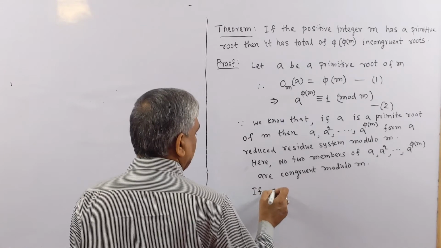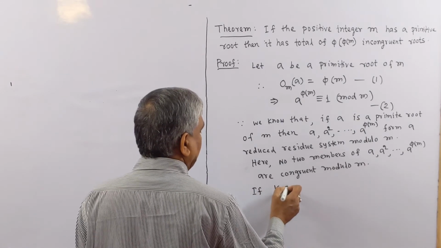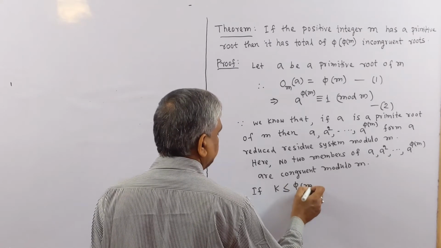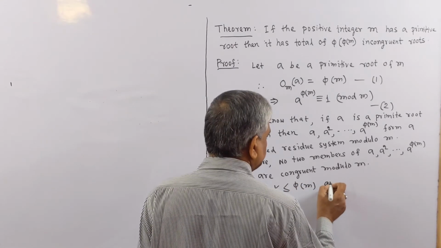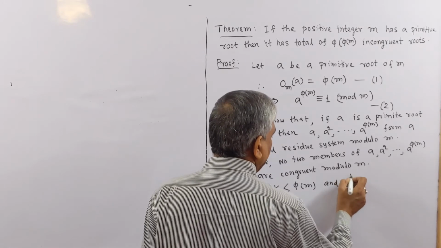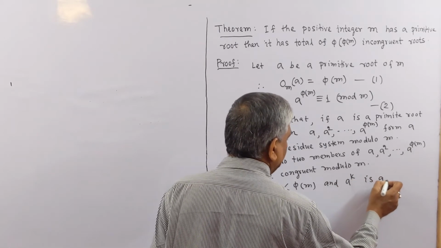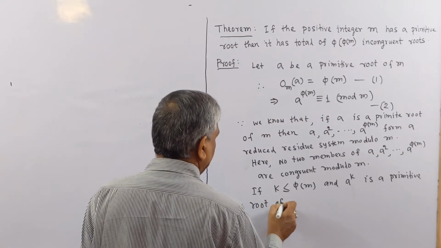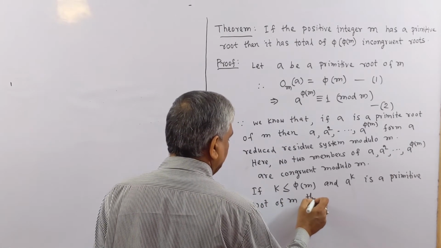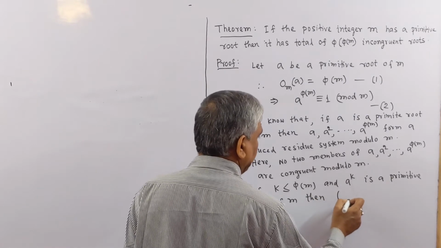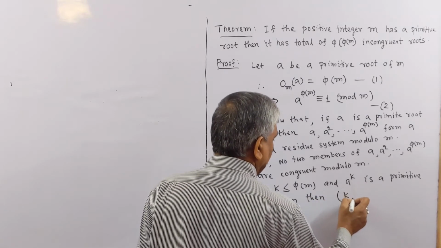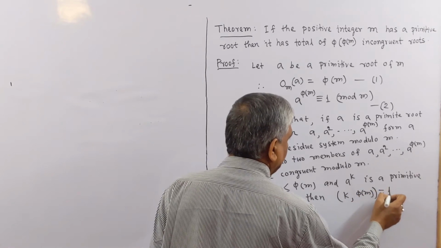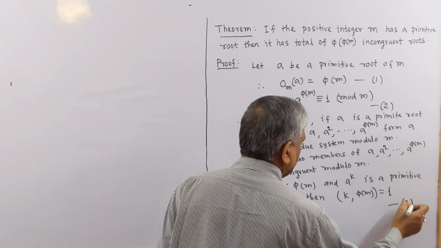If k is less than or equal to phi m and a to the power k is a primitive root of m, then GCD of k and phi m equals 1. This is number 3.